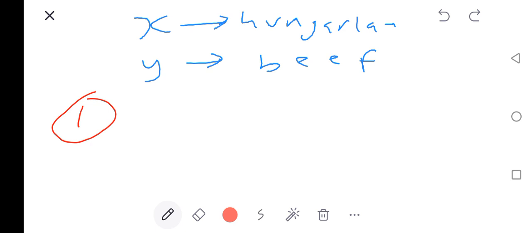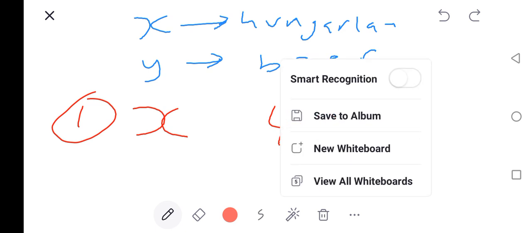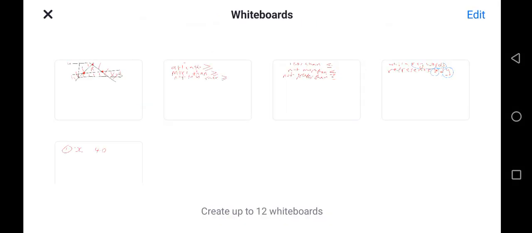What is Hungarian? Is it X or Y? So we are going to say X. What number? I've heard the number 40. And I've heard the word at least. I had given you the words for at least.